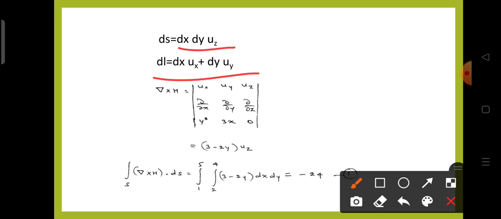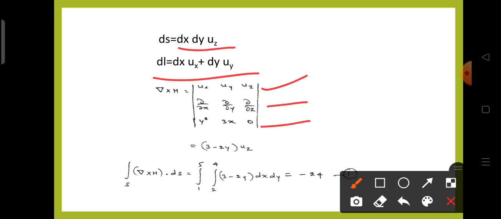For curl of H, we know that as usual the first row has unit vectors a_x, a_y, a_z, and the second row has del by del x, del by del y, del by del z. From the given problem, H_x is y squared, H_y is equal to 3x, and there is no z term, so it is 0.